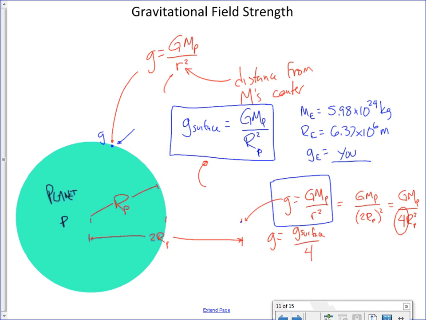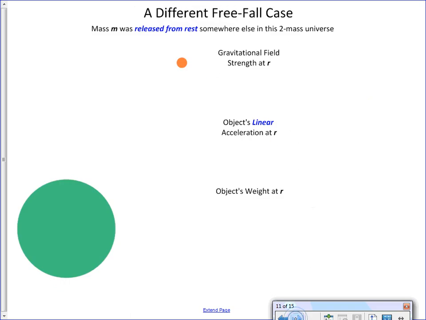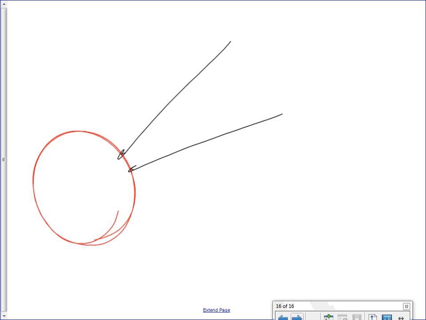So why do we say that g is just 9.8 at the surface of the Earth when it really changes? I need a new slide, but I don't have one. So, if this is the Earth, what really happens if we draw the Earth's gravitational field is we can draw it as a bunch of vectors that point towards the Earth's center.